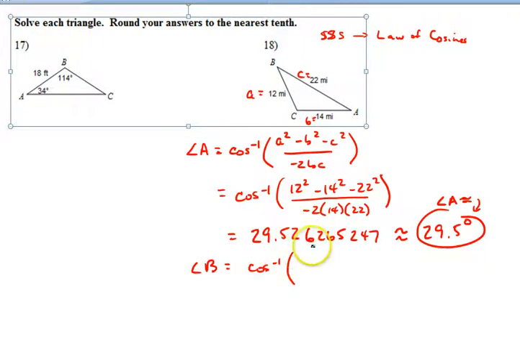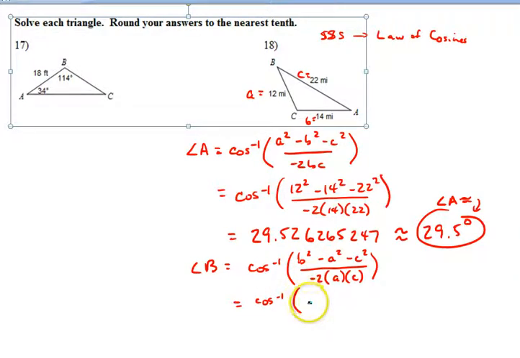I don't need to store that, because we're finding them all by the law of cosines with the sides, and the sides are, we assume, perfect numbers. So angle B is the arc cosine of b squared minus a squared minus c squared all over negative 2ac.